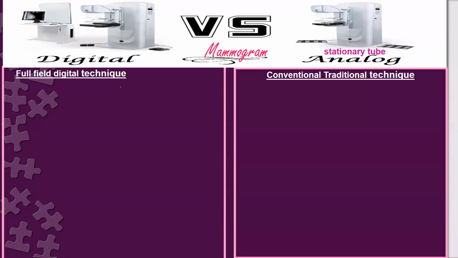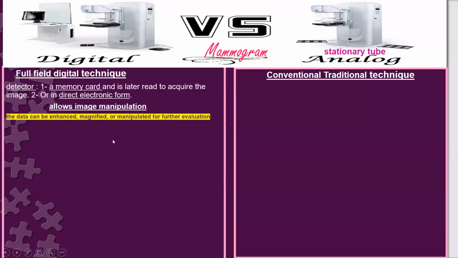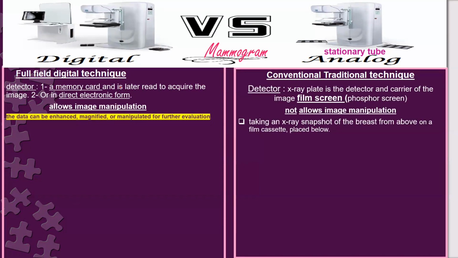Okay, so in the full field digital technique, the detector is a memory card or electronic form, so it allows manipulation, while the detector in conventional is X-ray film or film screens. And after taking the film, it needs to be processed.